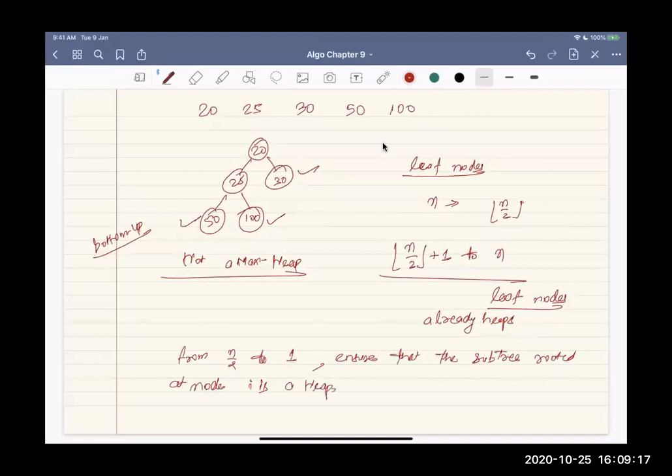And if I can do that starting from n by 2 to 1, I am done. Because if my root is a complete heap, that's all I need. But you can say, okay, why don't you just do it for 1?